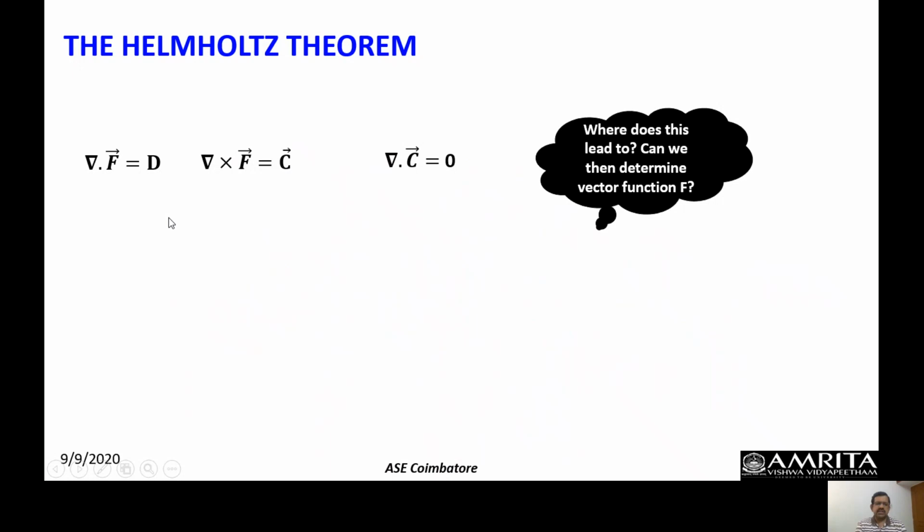Okay, so here let us say F represents the electric field, then can we determine the F? That is the question we are leading to. Similarly for the magnetic field, if it represents del dot B and del cross B, if I know the answer, how well can I find B? That is the question we are trying to raise.